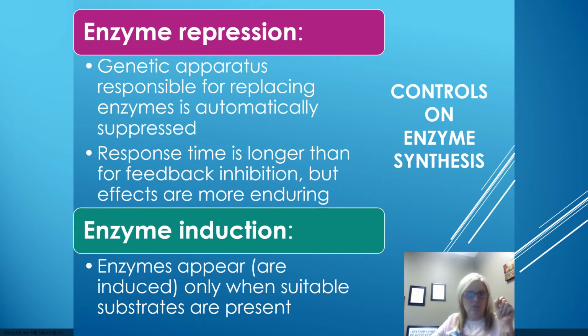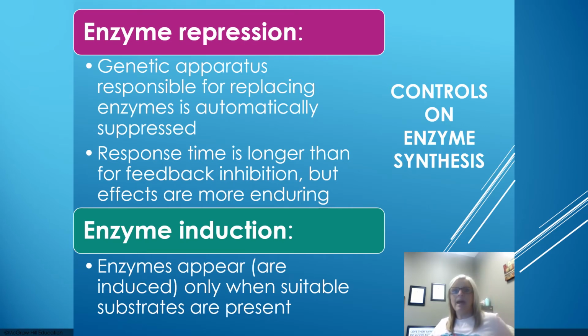E. coli uses lactose as its main carbon source, and it's only going to produce the enzyme to break that down, which is handily named lactase. So it's not going to make lactase unless lactose is present, because it can use other sugars, but it prefers lactose. If it's not there, why would you make lactase, right?